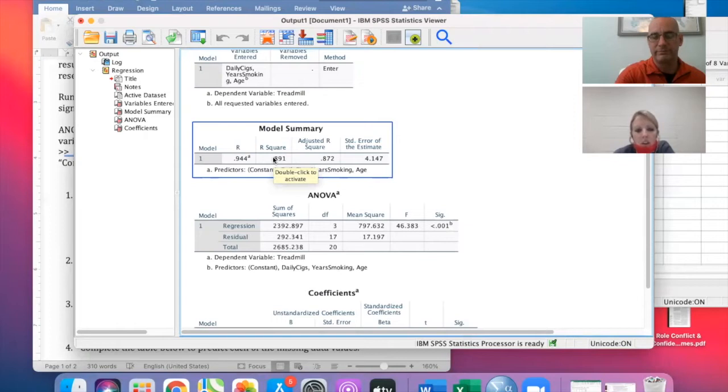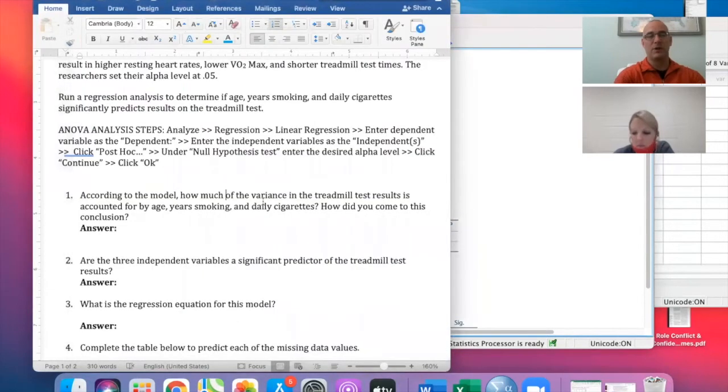Now, is the R squared value considered part of the variance? Well, yes, when we take R squared and we get this 0.891, that's what this question is asking: how much of the variance or the variability in those scores?